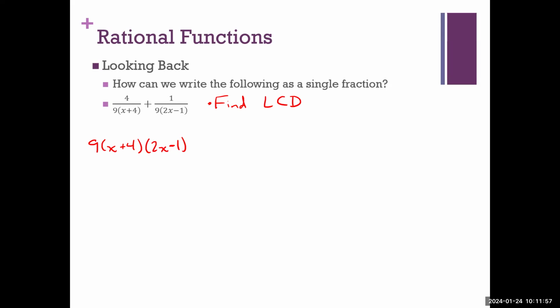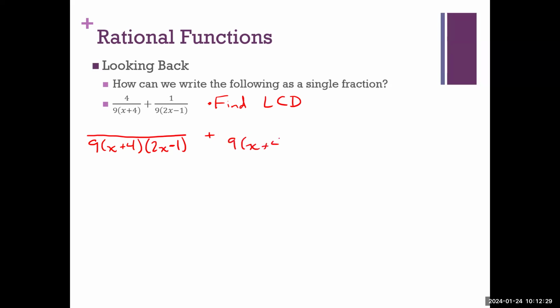It seems like they do have that x in common, but what we want to ask is: is there something I can multiply x plus 4 by to get 2x minus 1? And the answer to that is no. So those things are like prime to each other, neither one contains factors of the other. Because of that, my least common denominator is going to contain both of them multiplied by each other. So here's my common denominator. I'll duplicate this for now.